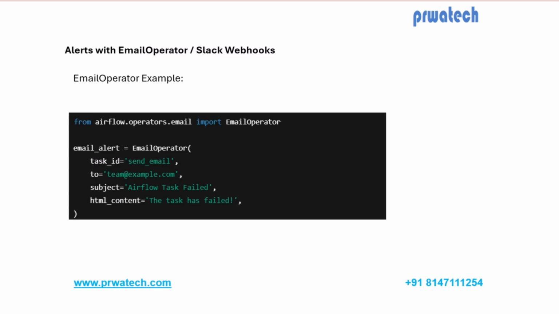Next, we have email and alerts with the email operator. It is used to proactively monitor failures, to notify data engineers and business owners, and to prevent missed SLAs or silent failures.